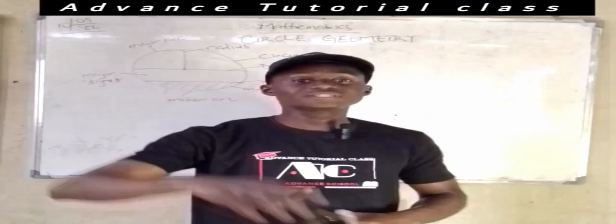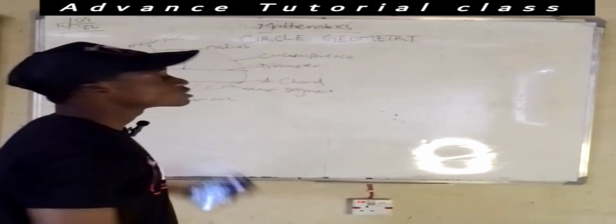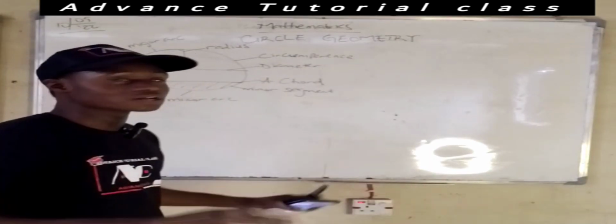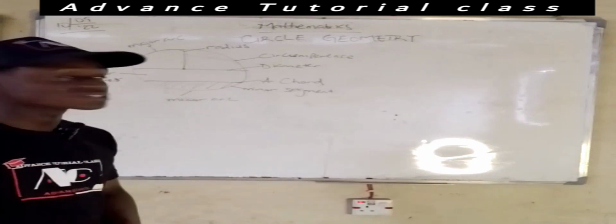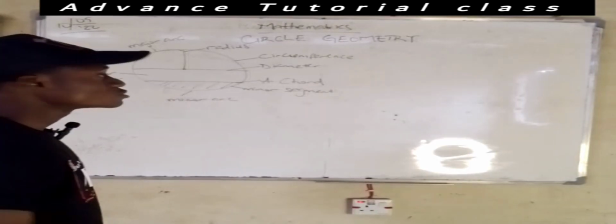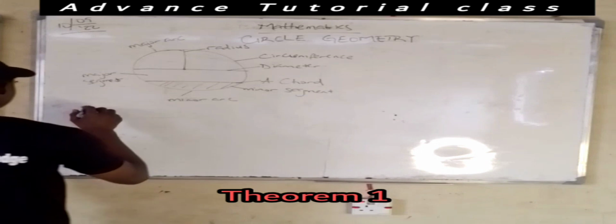Under this topic, we'll be dealing with so many things that have to do with the circle, so many theorems and laws that we'll be using to solve various questions under circle geometry. So, for instance, let's have the first theorem.